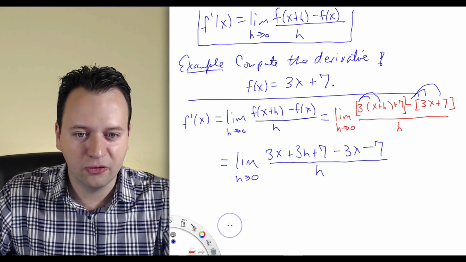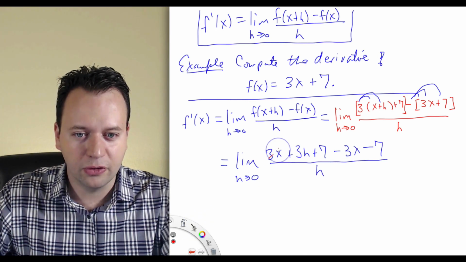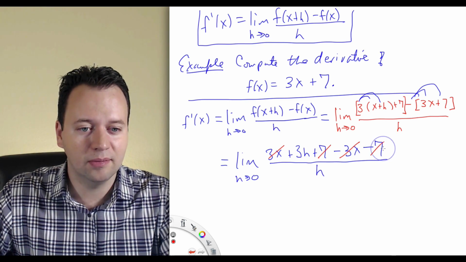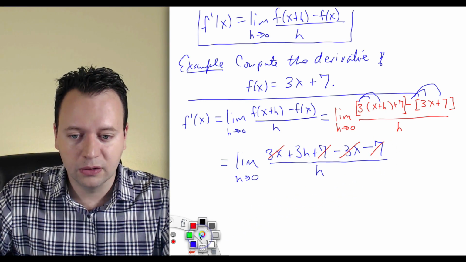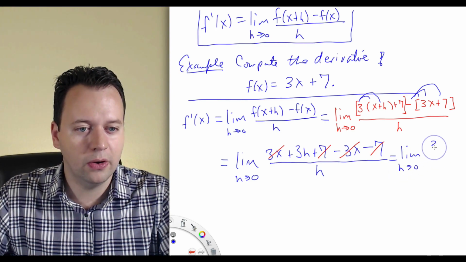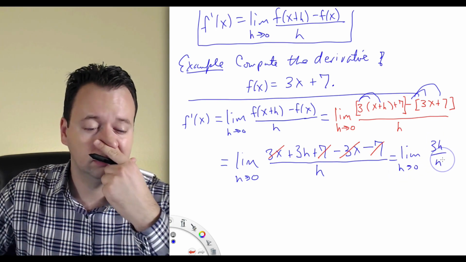Okay, so let's simplify. The 3x minus 3x cancel out. Plus 7 minus 7 cancel out. So this is now equal to the limit as h goes to 0 of 3h over h.